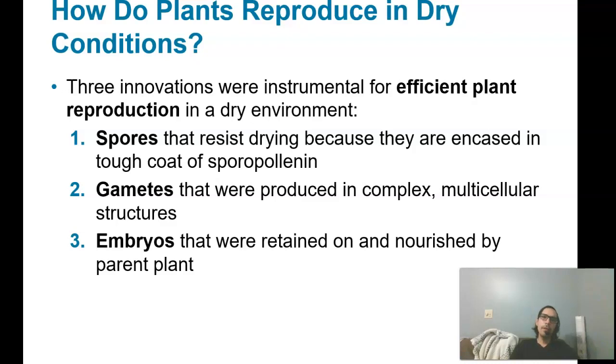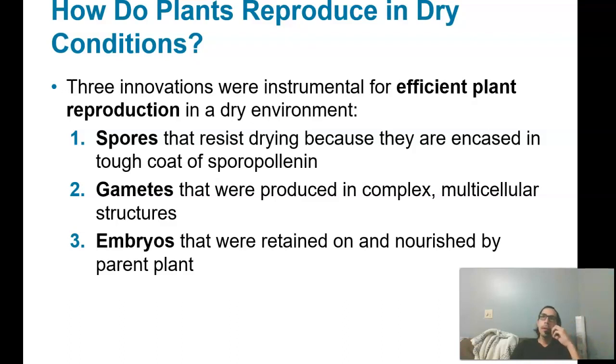So the three innovations that were critical for plant reproduction in dry environments were spores, because spores have a protective covering or coat that's called the sporopollenin, and this prevents them from drying out.